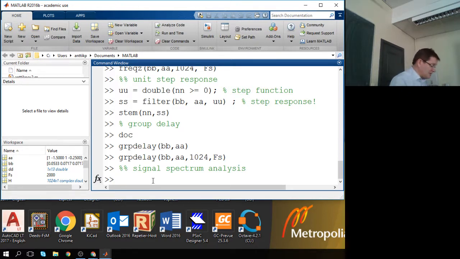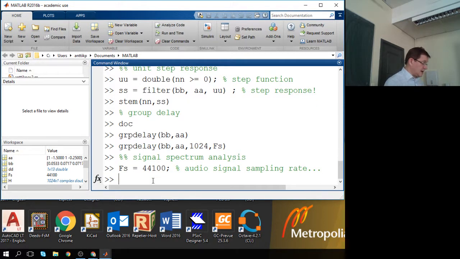Okay, maybe I'll just do a voice sample then. There, 44.1, so that's an audio signal sampling rate for good quality. Good. Then for a test signal, I will make a chirp.